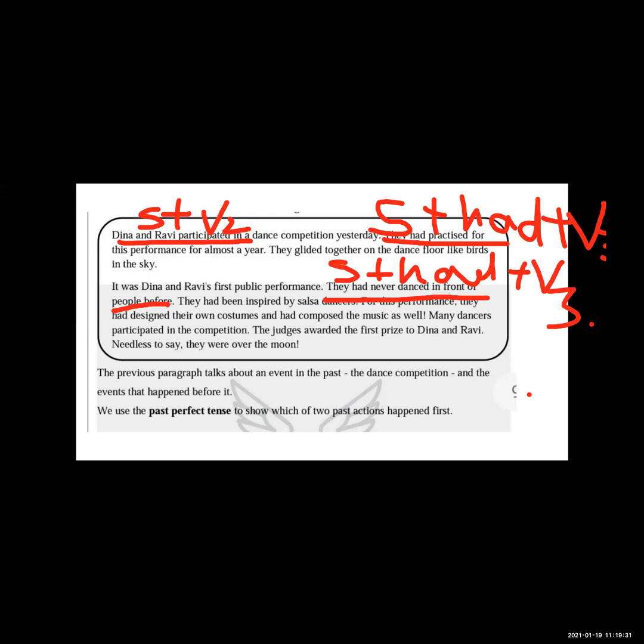Okay, because see, the previous paragraph talks about an event in the past, the dance competition, and the events that happened before it. So we use the past perfect tense to show which of two past actions happened first.